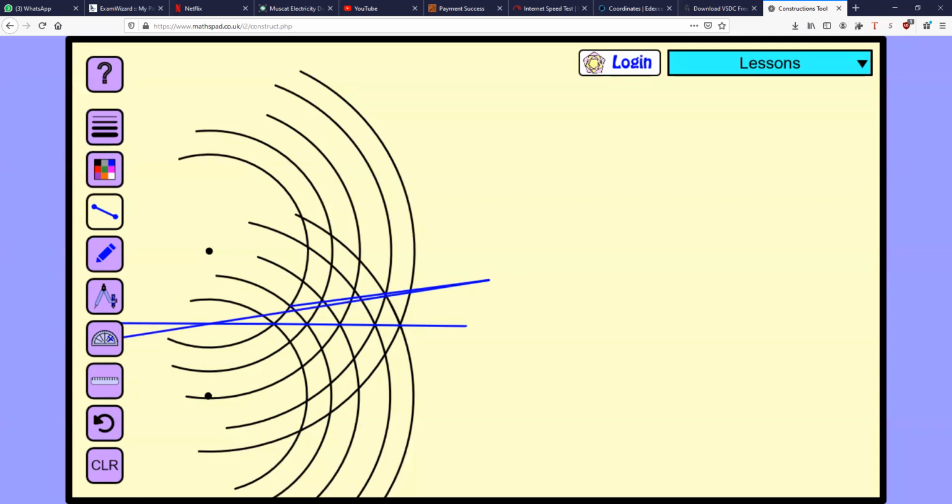These are lines of constructive superposition, and in between you have destructive superposition. See, wherever it is crossing, can you see those crossings over here? All of you? So these are regions of constructive interference, and in between we have regions of destructive interference as well.